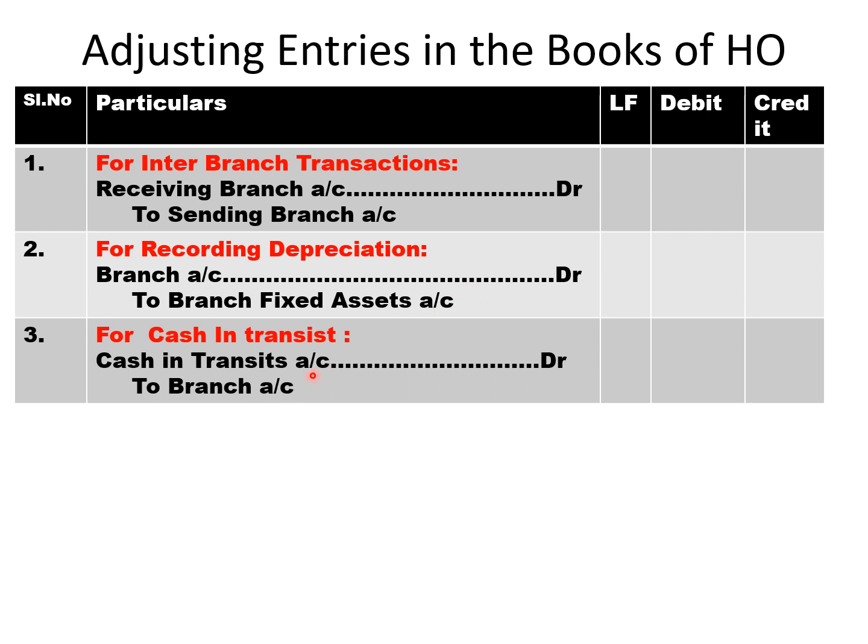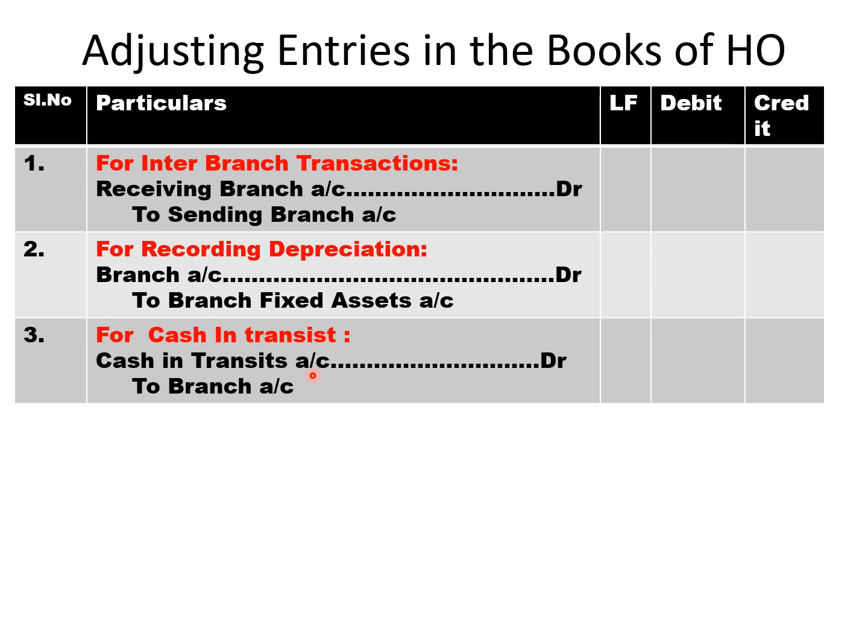Third one, for cash in transit. What is this called, cash in transit? Sometimes the cash may be sent by the branch office to the head office, but it may not reach within the closing date of books of accounts. For example, on 25th March the cash is sent, but it did not reach before 31st March.